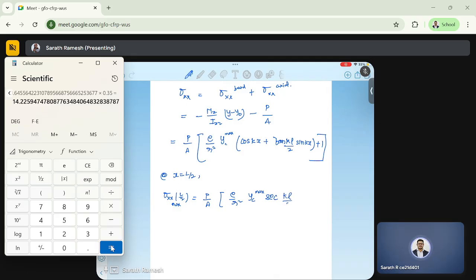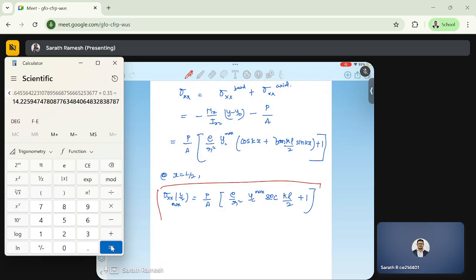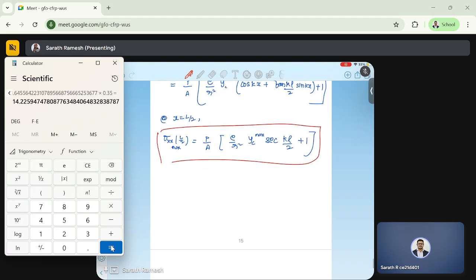This will become secant KL by 2 plus 1. This is the expression we need to remember. Now we can again connect this with the slenderness ratio and the stress P by A, and we can get some behaviors also. You can watch the lectures for a detailed explanation of the same.